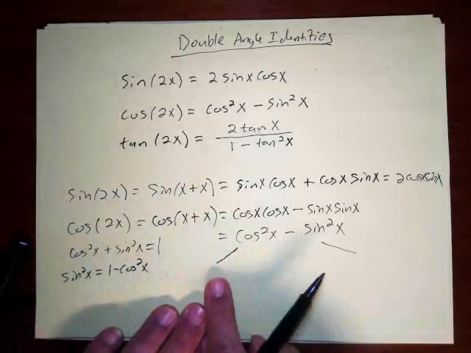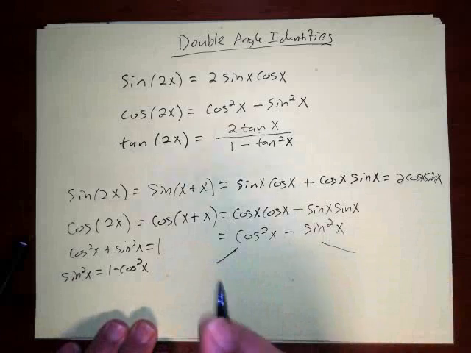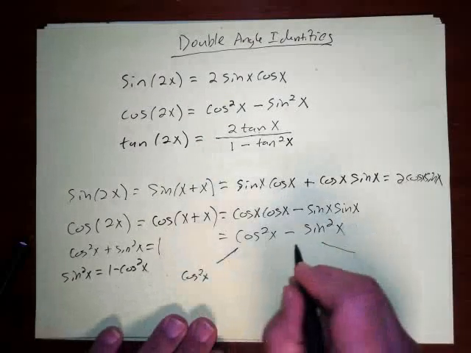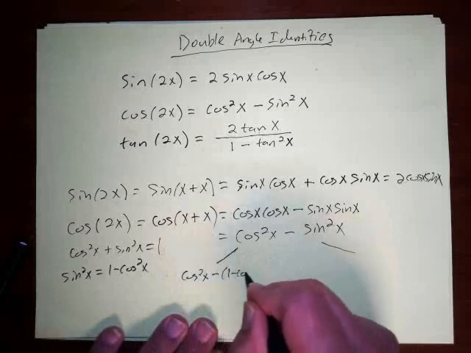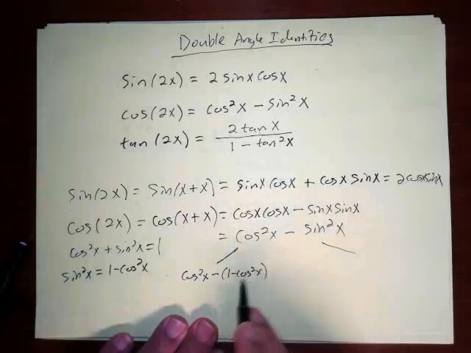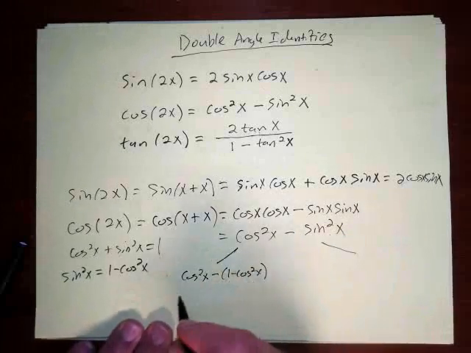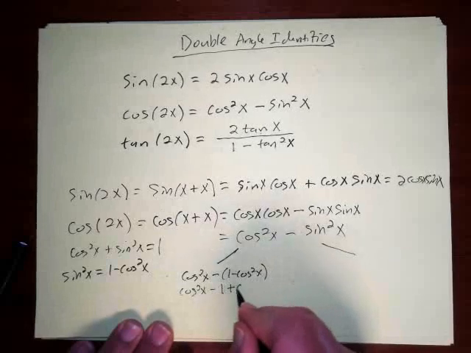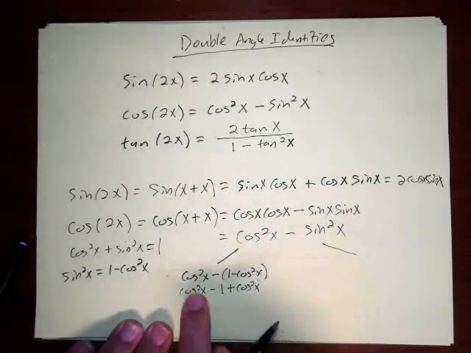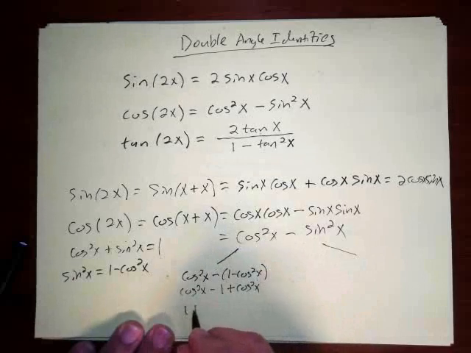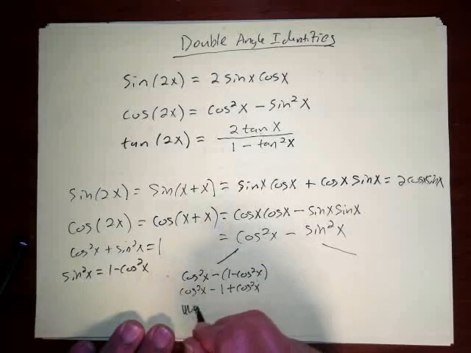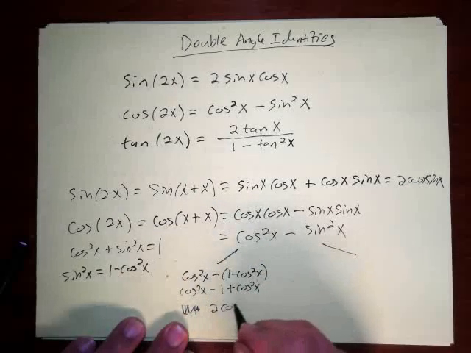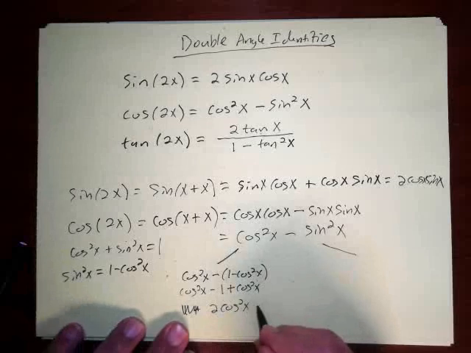And if I plugged that in for this here, then I would get cosine squared x minus 1 minus cosine squared x. So I'm plugging that in for sine squared x. And then I have to distribute the negative sign, and that'll be plus cosine squared x. So now I've got two of these, and I can bring them together.